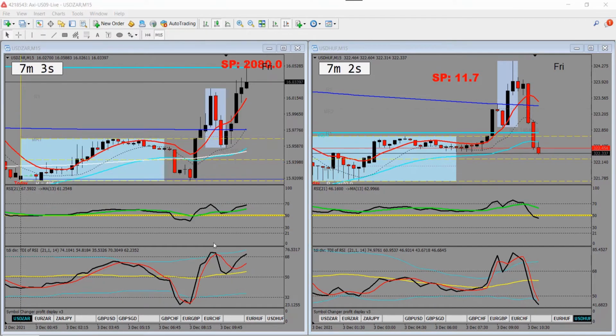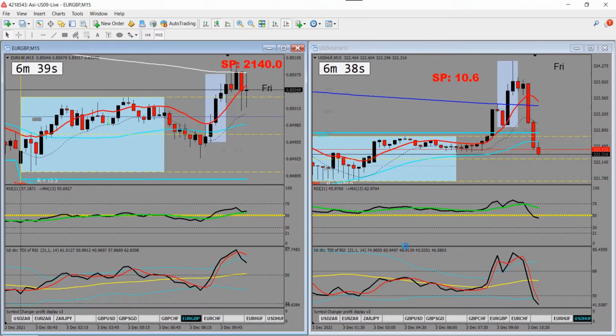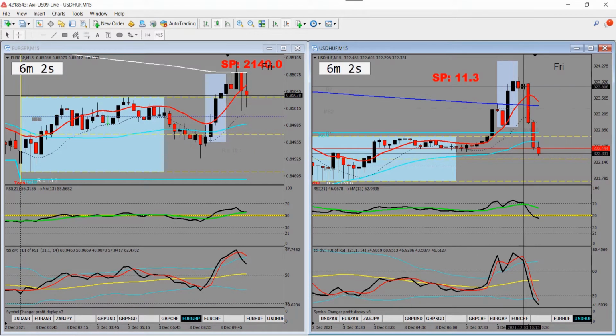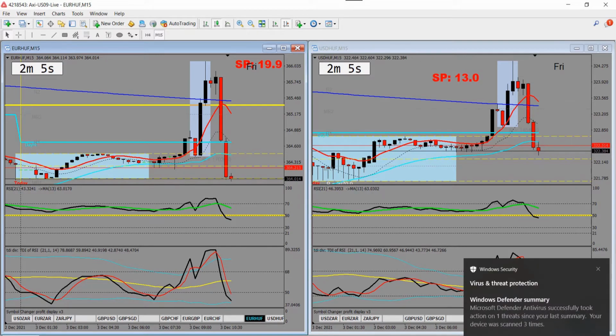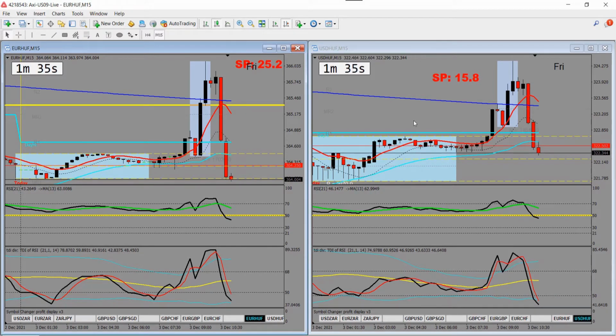This is an added confluence that the dealers are working this particular currency. When you see multiple cross pairs doing the same thing, that is the fractional dance, the fractional disparity between the pairs.